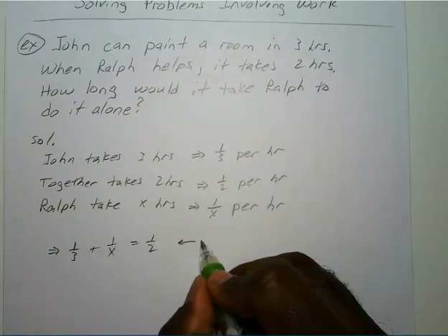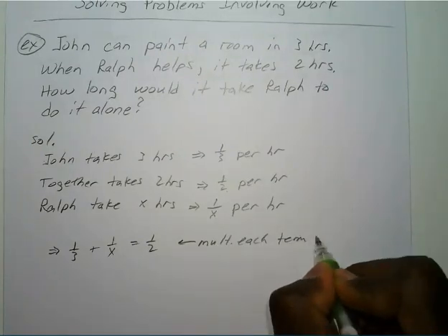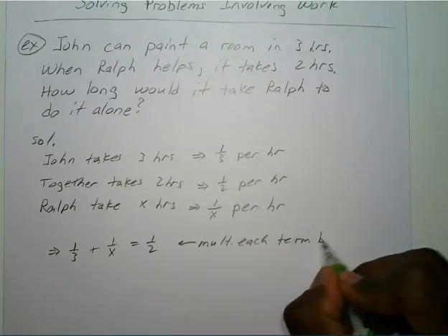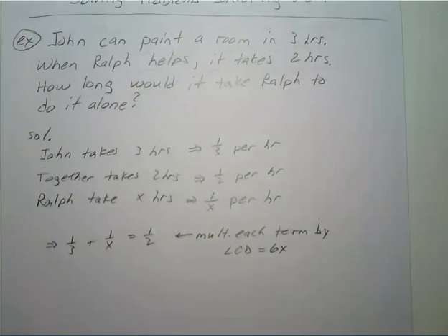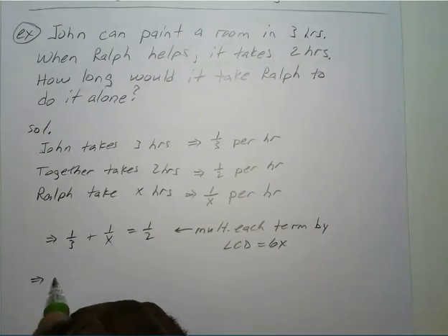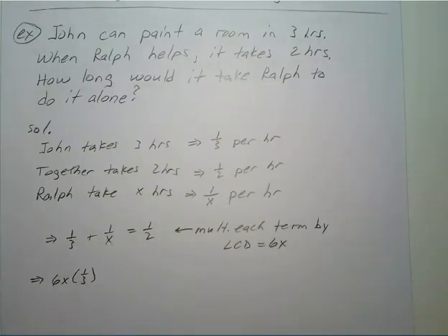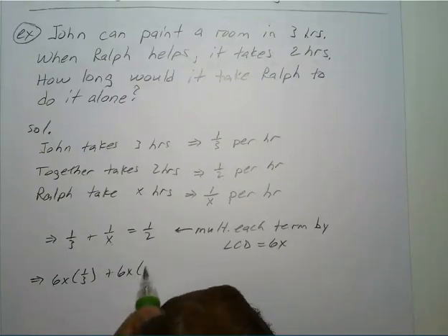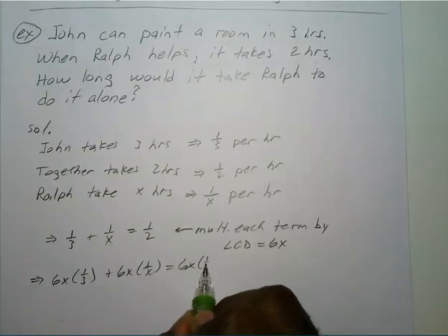Okay, so we're going to multiply each term, let me clean that up, by the least common denominator, which in this case is 6x. So we have 6x times 1/3 plus 6x times 1 over x equals 6x times 1/2.